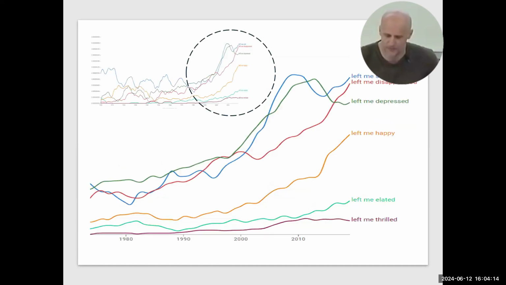So if we blow up the end of this chart, we see the 6 most frequent adjectives being sad, disappointed, depressed, happy, elated, thrilled, okay? So we have a mix. We have negative, pessimistic adjectives, sad, disappointed, depressed, and then we have happy, elated, thrilled. So there is a predominance of negative or pessimistic adjectives over nice, feel-good adjectives.